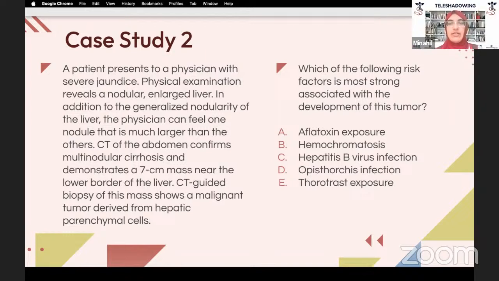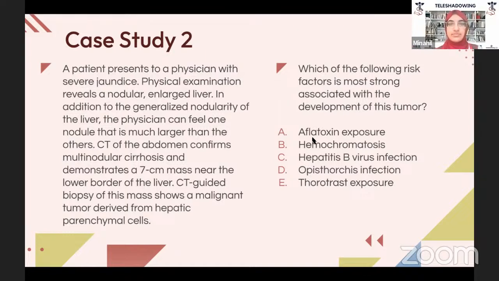A. Aflatoxin exposure, B. Hemochromatosis, C. Hepatitis B virus infection, D. Opisthorchiasis infection, or E. Thorotrast exposure. Good. So they're asking, in this scenario, the patient has hepatocellular carcinoma.